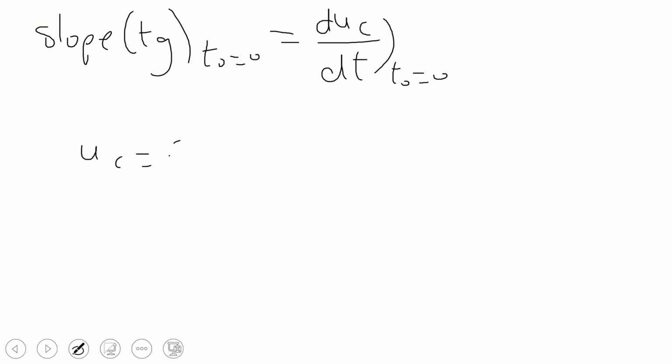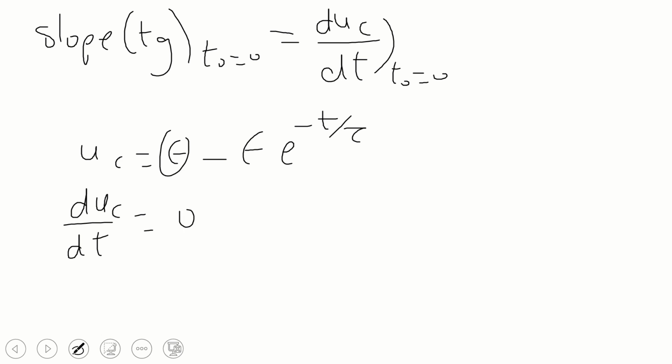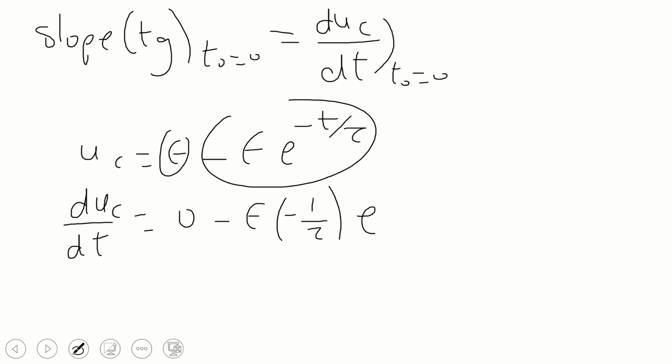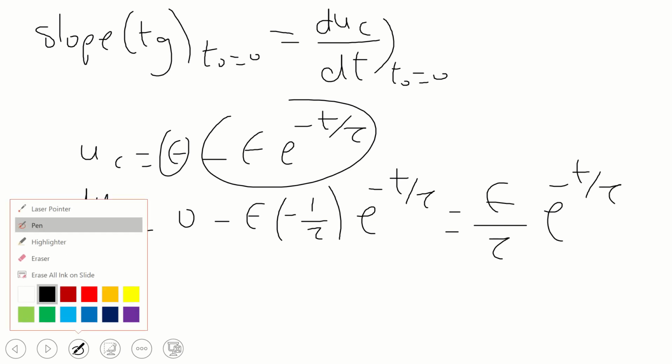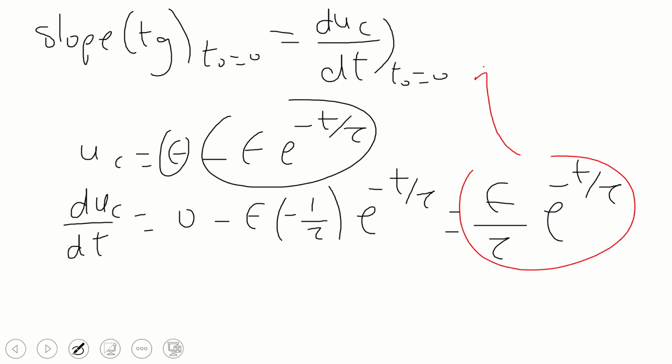UC equals E(1 minus e^(-t/tau)). The derivative of UC as a function of time equals: the derivative of E is 0, and the derivative of the expression minus E e^(-t/tau), minus E being constant, the derivative of the exponential is minus 1 over tau e^(-t/tau). So it equals E over tau e^(-t/tau).